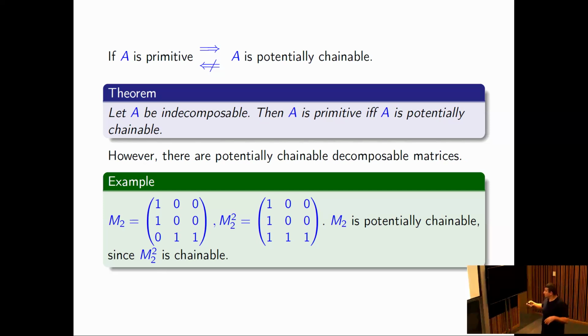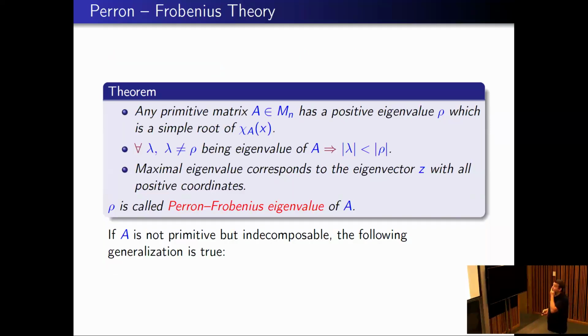And now back to Perron-Frobenius theory. Primitive matrices are among those strongly connected graphs. For a primitive matrix, we have a positive eigenvalue, which is a simple root of the characteristic polynomial.